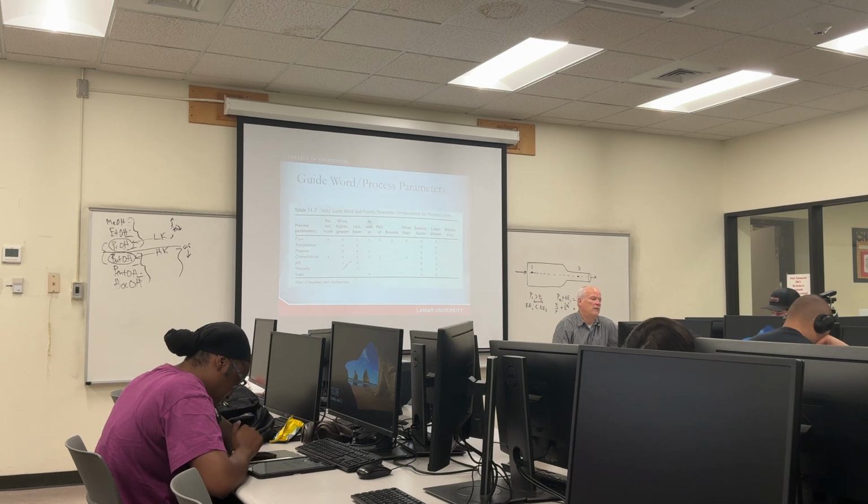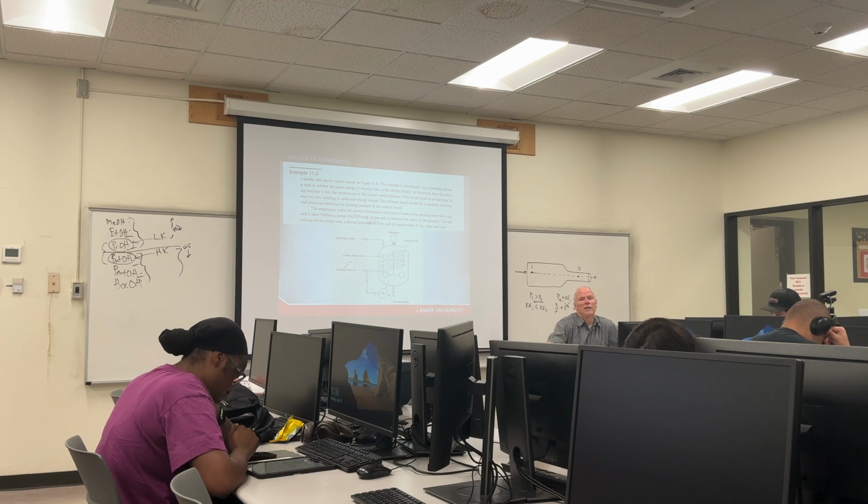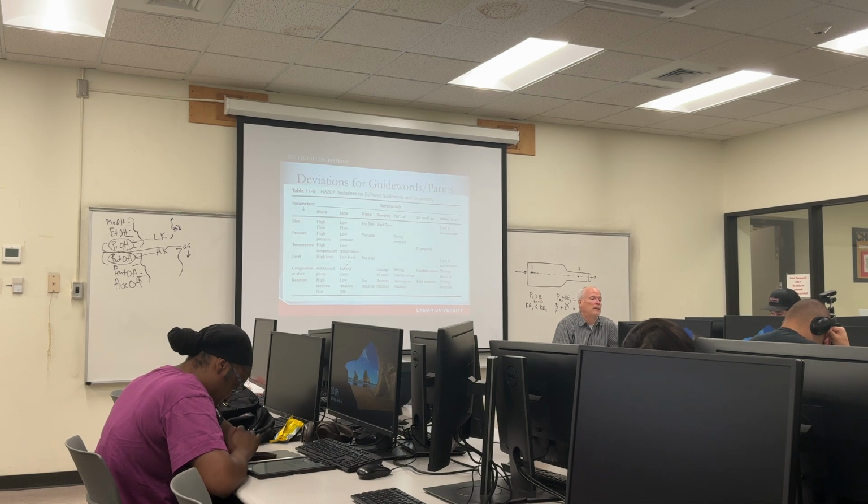This thing that we did the HAZOP on is not a P&ID, right? This is a preliminary drawing, like a process drawing. A P&ID would have everything in here, and that's what you would need to do a full HAZOP. But you can do a partial preliminary HAZOP with what you know.